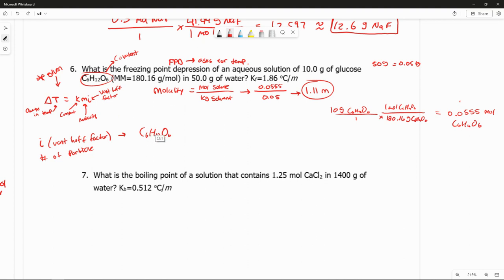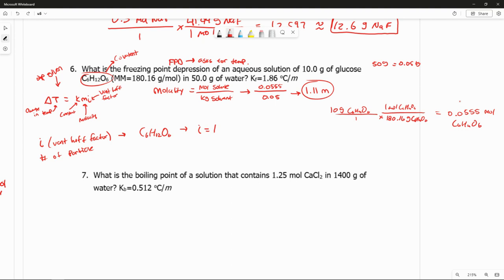You know that C6H12O6 is covalent, and the Van 't Hoff factor for covalent is always going to be 1, because a covalent substance is a non-electrolyte. Therefore, Van 't Hoff factor I equals 1 for covalent, and we now have I, we now have our molality, and we know our K. Therefore, we can go ahead and try to solve for delta T.